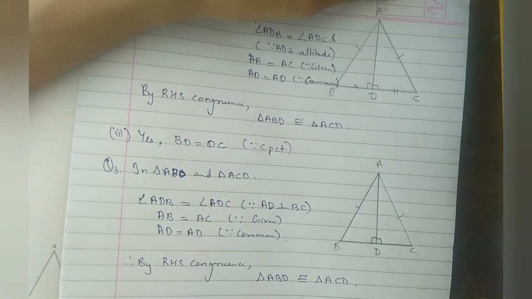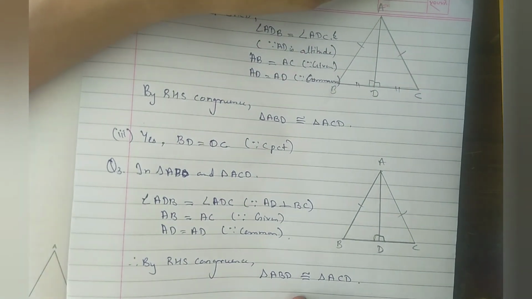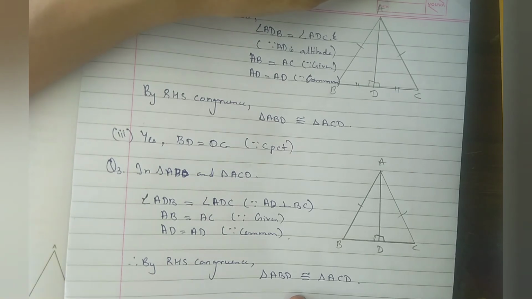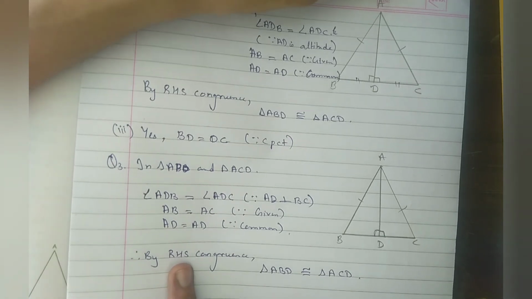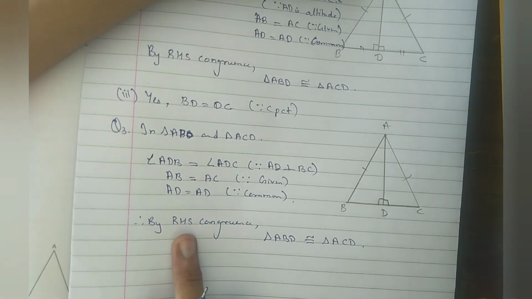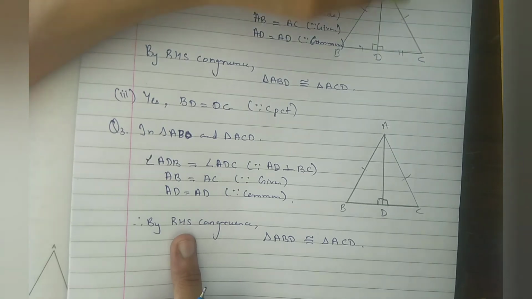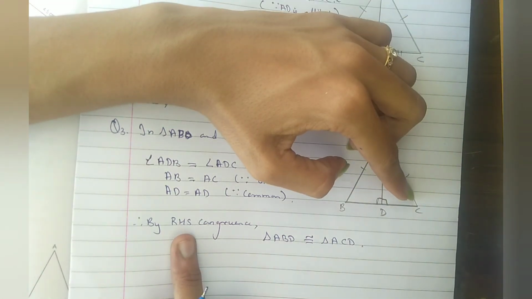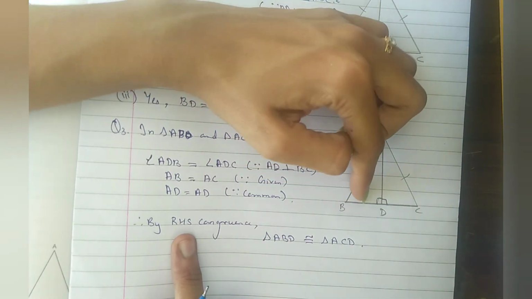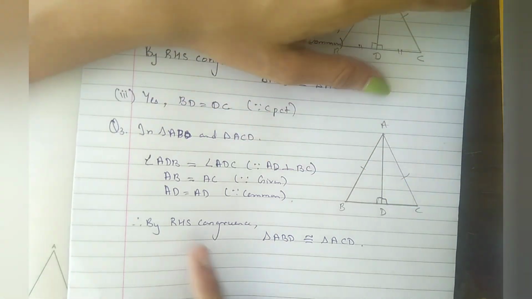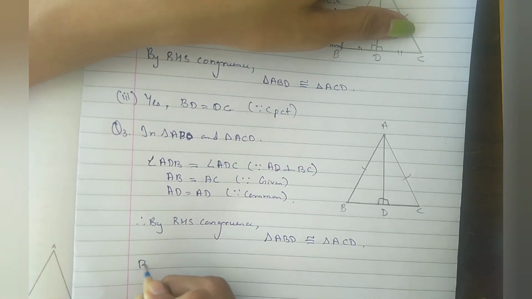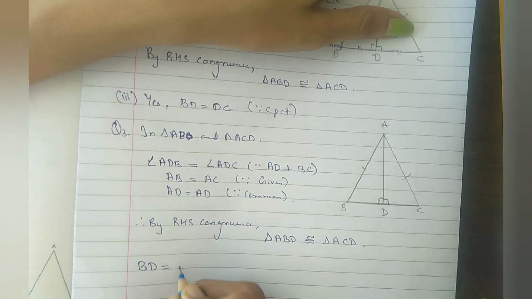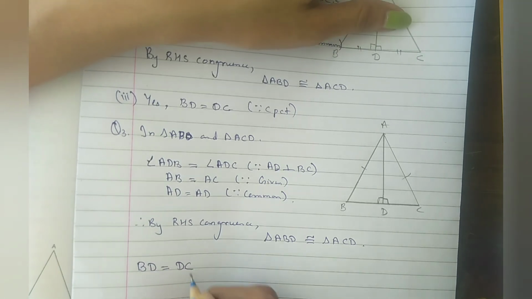Now another statement is state in symbolic form. We have written in symbolic form already. Next question: which condition do you use? We have used RHS. Next question: which side of triangle ADC is equal to BD? So BD is equal to DC.